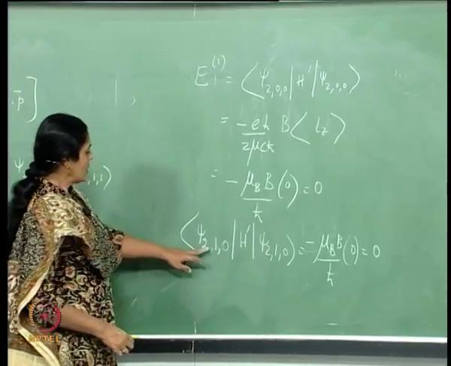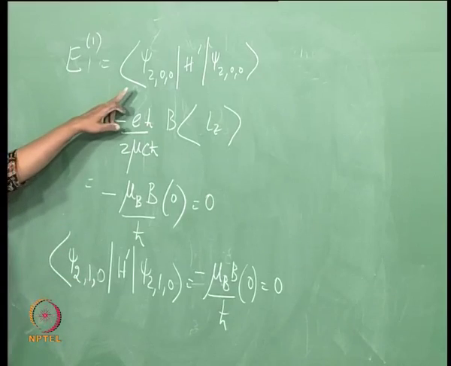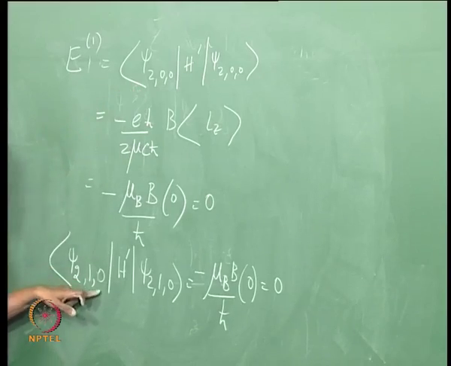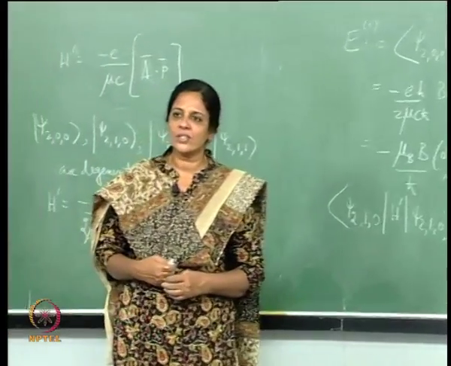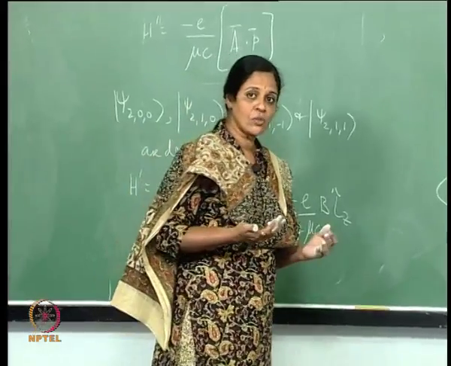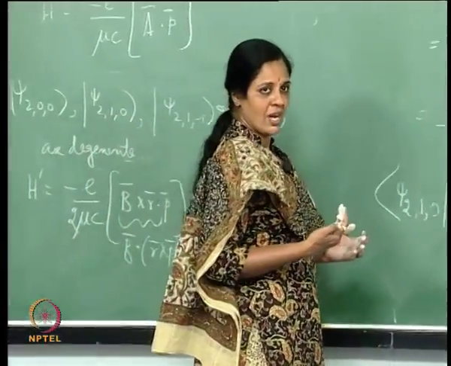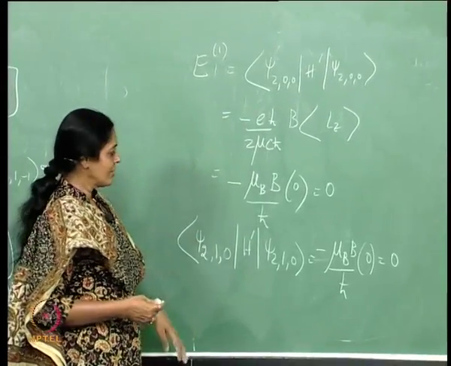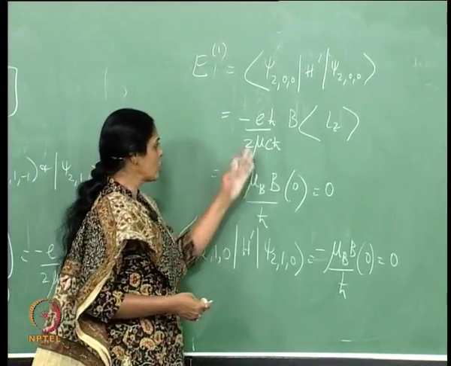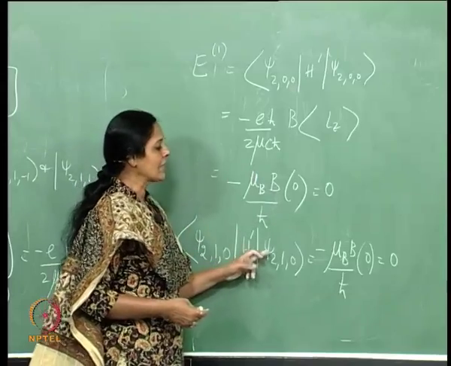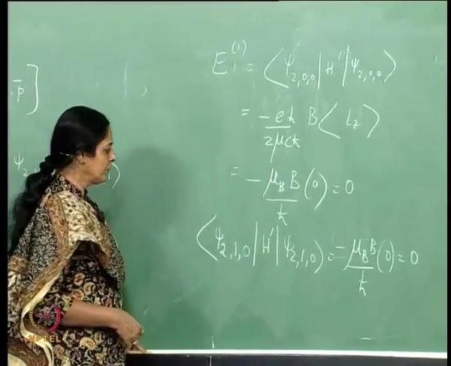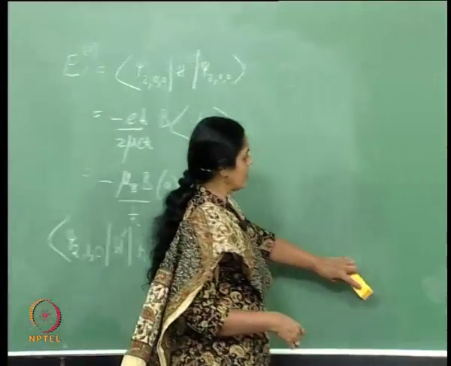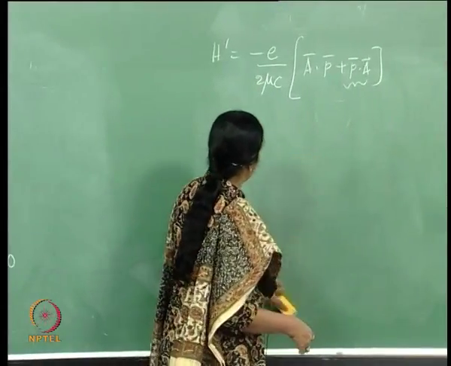And therefore, there still continues a degeneracy between psi 2 0 0 and psi 2 1 0, even in the first order, analogous to the linear Stark effect. But in contrast to the case of the electric field, the Stark effect case, I do not need superpositions. I work with the original states, but I can see that I cannot lift the degeneracy fully.